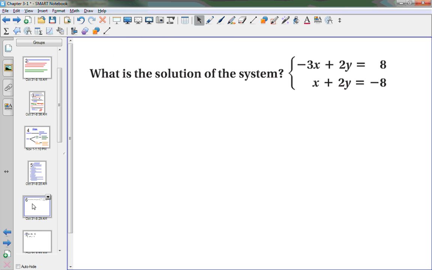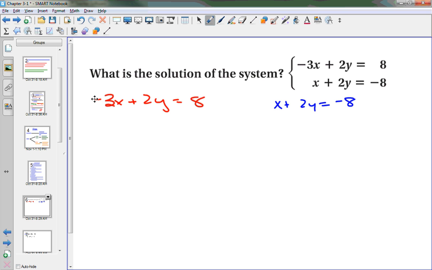So here we go. I give you the two equations. So step one, what do I want to do? I need to solve each of them for y. So the way I'm going to do that is I'm going to have negative 3x plus 2y is equal to 8. And I'm going to have x plus 2y is equal to negative 8. So what do I do to the first red equation on the left?